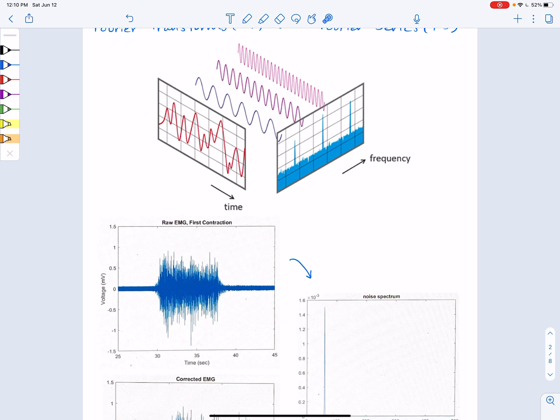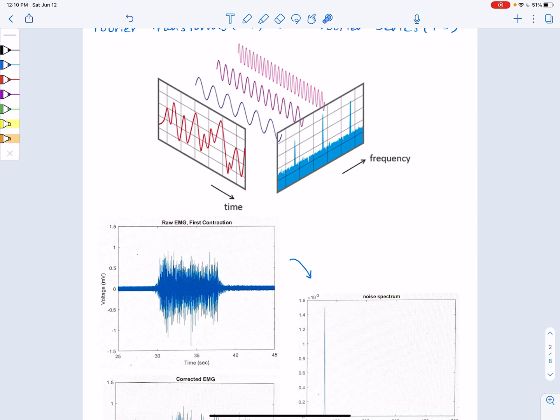Like if I looked at the RMS for this, which is kind of similar to the power of the signal, then it's going to show that there's muscle contraction and strength over here when there shouldn't be, because that's when the muscle is resting.